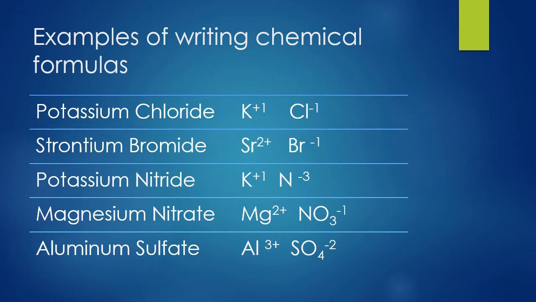So what I have shown here is the first step. I have written down both elements involved in each example along with their charges. Notice when we get to the polyatomics. How do I know it's a polyatomic? Well, the first 3 examples have IDE endings. That's because when we name binary ionic compounds, we add an IDE ending to the second element present.